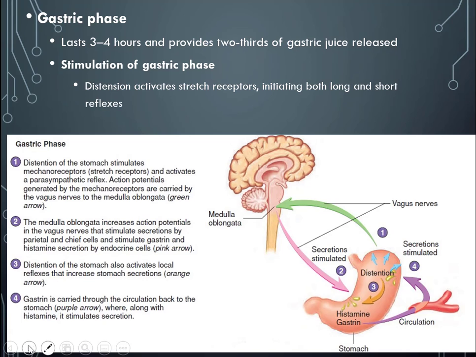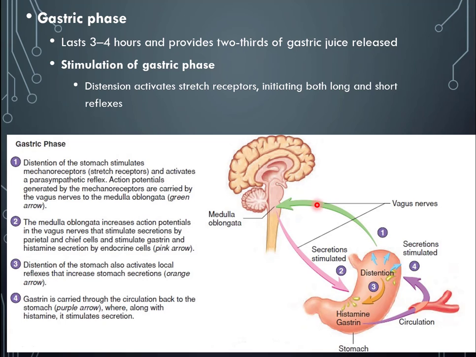The stimulation of the gastric phase includes distension that activates the stretch receptors, initiating both the long and the short reflexes. In this particular model, in front, here is your distension, the blue arrows, which would stimulate the receptors of the stomach and activate the parasympathetic reflex.